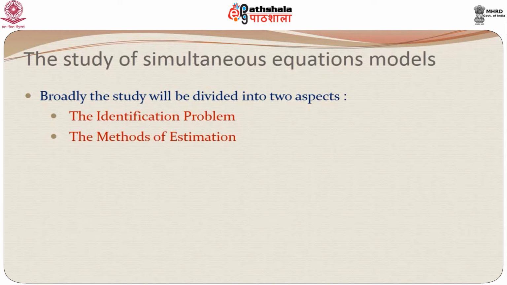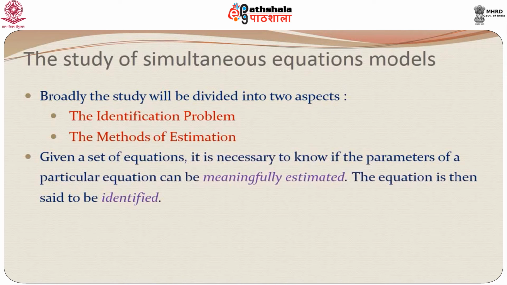Now, what is the identification problem and why is it so important? Given a set of equations, it is necessary to know if the parameters of a particular equation can be meaningfully estimated. The equation is then said to be identified. Why do we say meaningfully estimated?